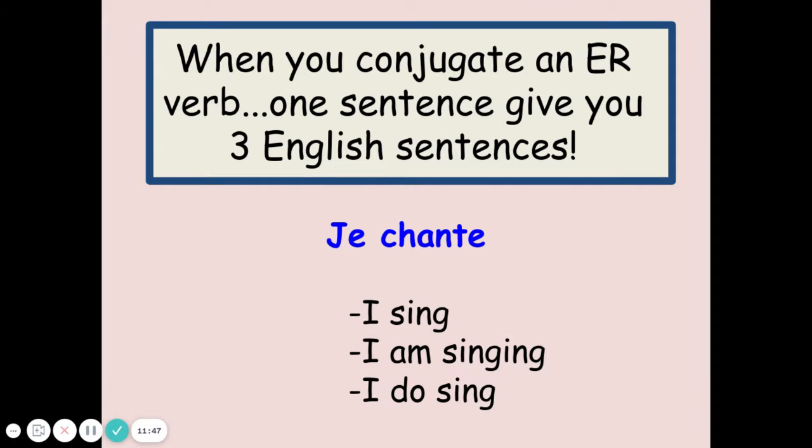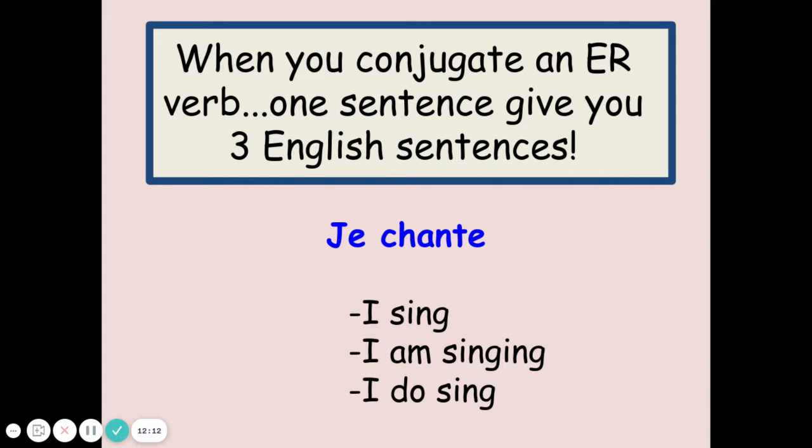So when you conjugate it, this is what makes it a little complicated for us English speakers. There is one sentence in French that equals three in English. So when I say je chante, that could be I sing. It could be I am singing. It could be I do sing. So when you are looking at your sentences, be careful. Don't add all these little extra words that we add.